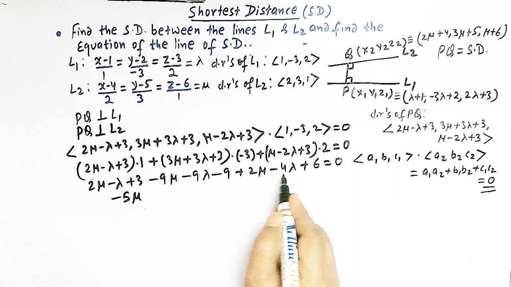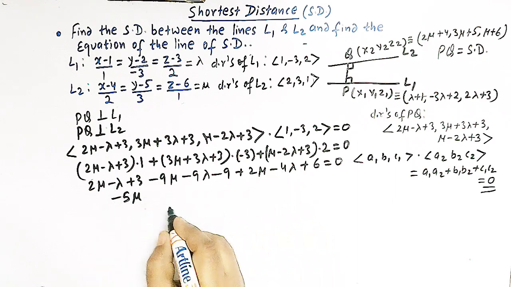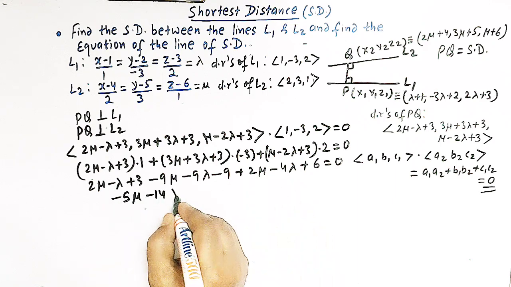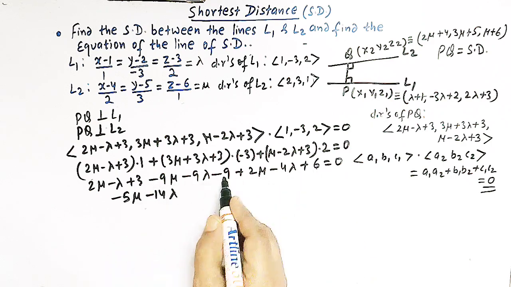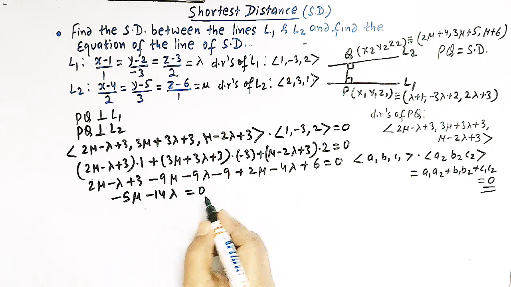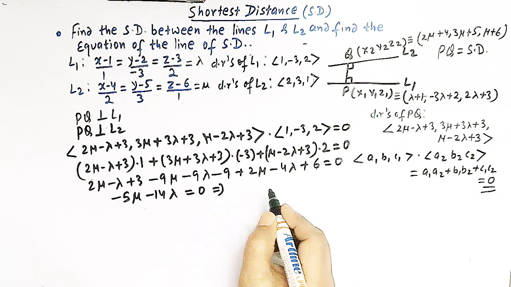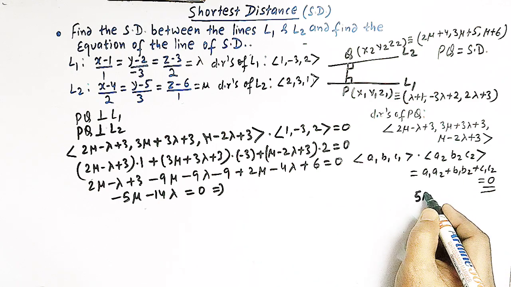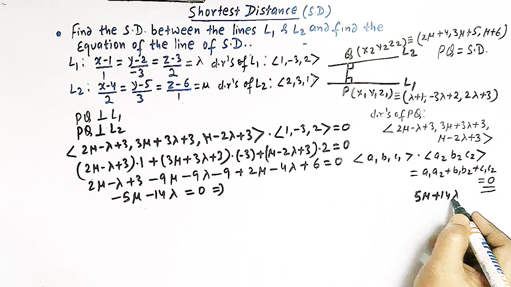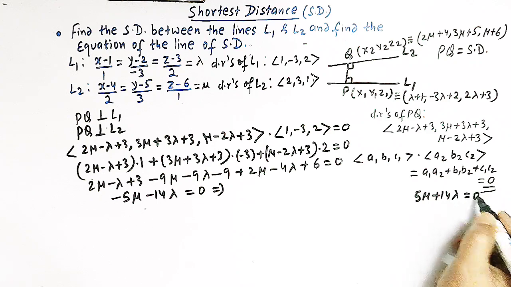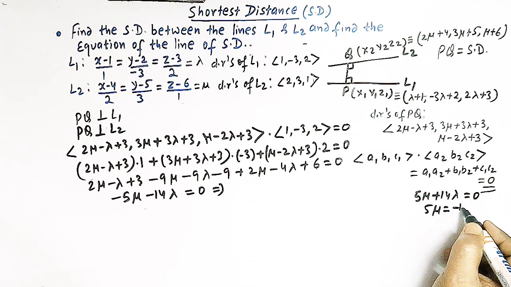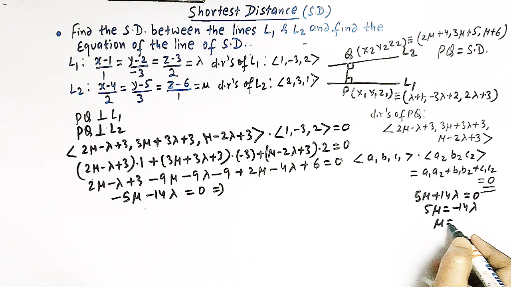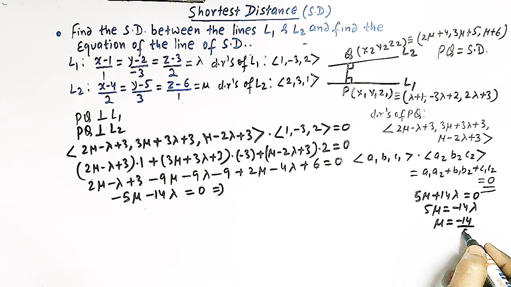So this is 9 plus 4 is 13, plus 1 is 14 lambda, and here we have 3, minus 9, and 6, 6 plus 3 is 9, 9 minus 9 is 0. So we have this equation, that is minus 5 mu minus 14 lambda is equal to 0. So we can also write it as 5 mu is equal to minus 14 lambda. So mu is minus 14 over 5 times lambda.